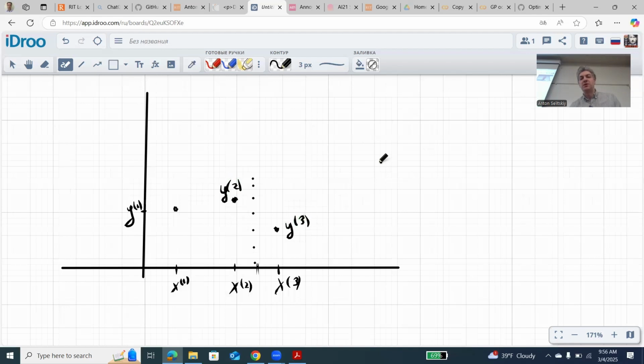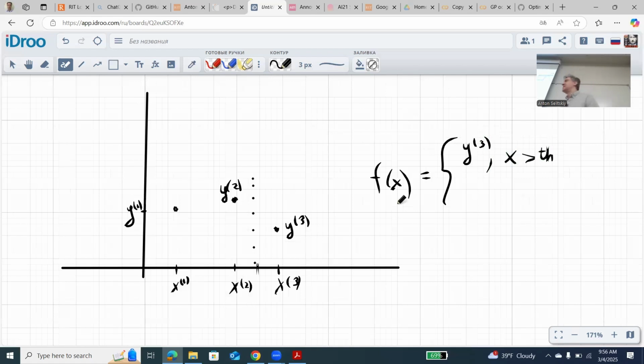So our function f of x will have value y3 for x greater than the threshold. But how to assign the value to our function for small x?